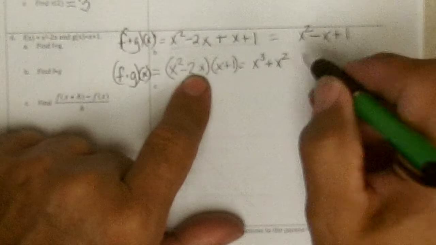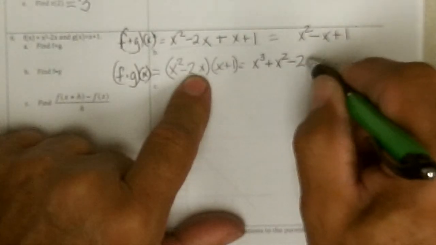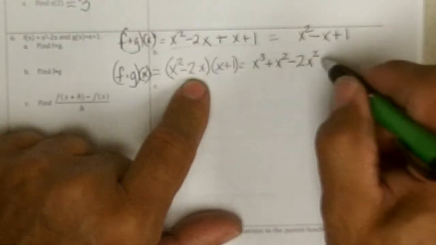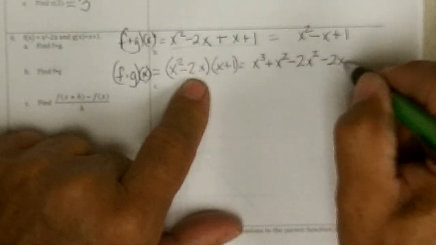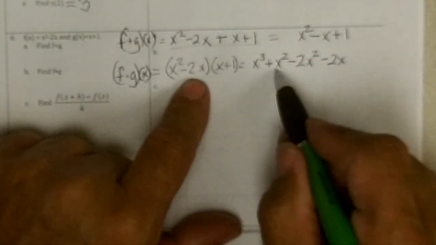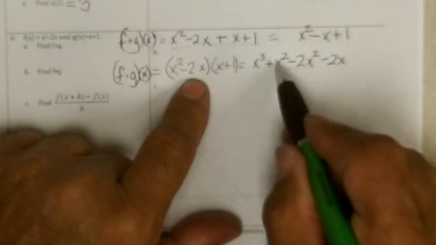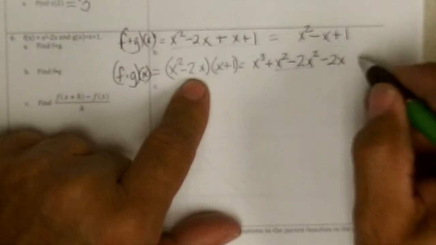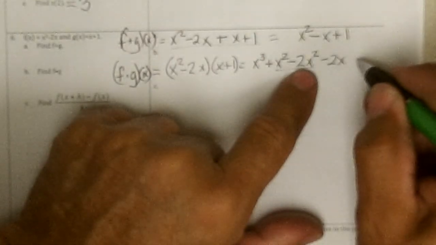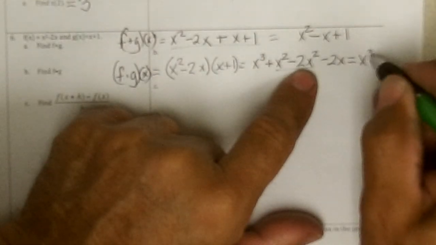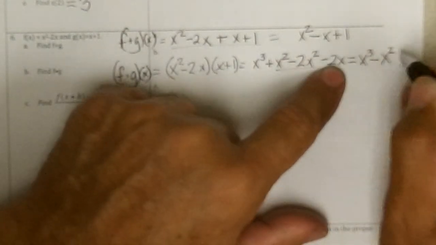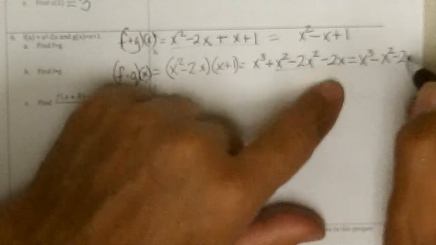Minus 2x times x is minus 2x squared. Minus 2x times 1 is minus 2x. These are like terms because they're both x to the seconds. And I have 1 minus 2 is minus 1. So I have x to the third minus 1x squared minus 2x.